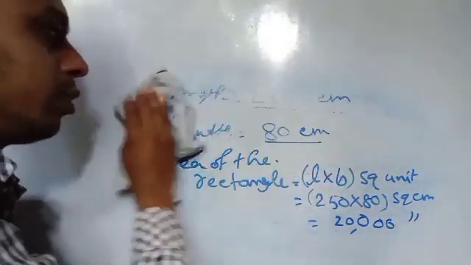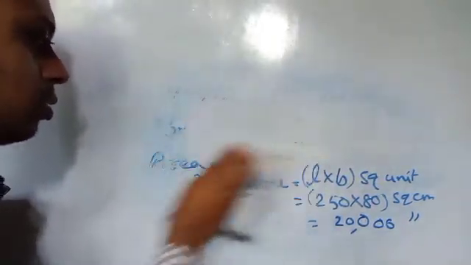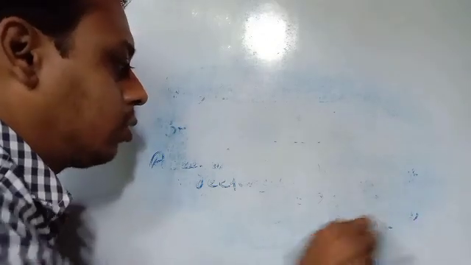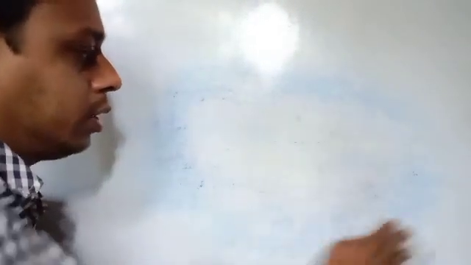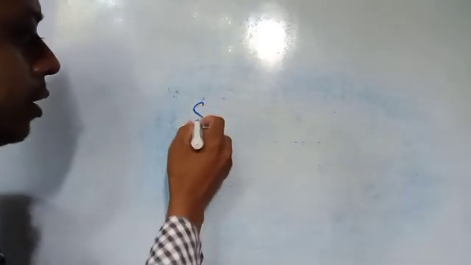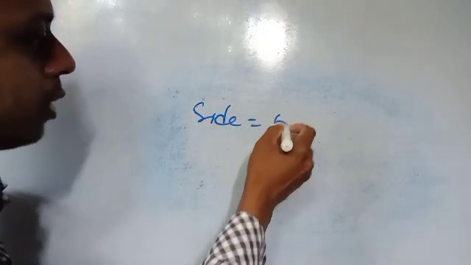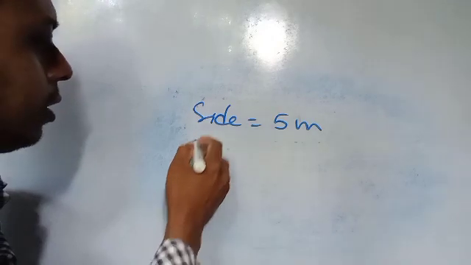And in a similar way you can find the area of the square, but for the area of the square only the length of a side will be given. Breadth is not required here because length and breadth are all equal. So only the length of one side will be given. In that case, if it is given in terms of meter, suppose side equals 5 meter, no need to convert into centimeter.